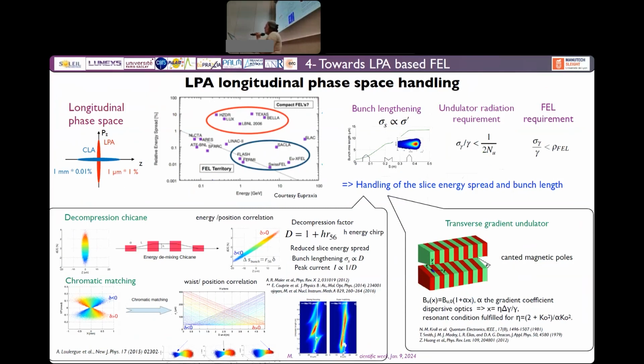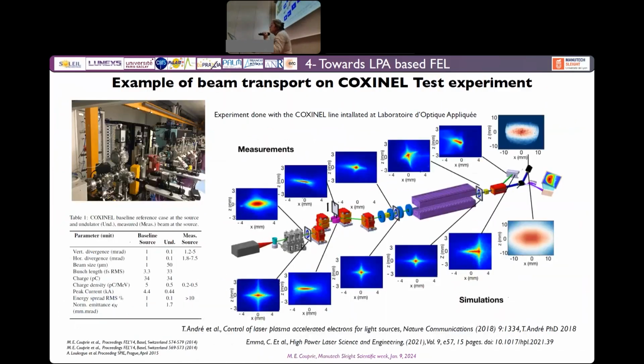There is another way to deal with the energy spread, which is to put some correlation of the magnetic field with the horizontal position. But then it's a bit tricky, because if we have pulse-to-pulse fluctuation, it's not working so easily. So it's what we have done for our test experiment with Laboratoire d'Optique Appliquée, COXINEL.